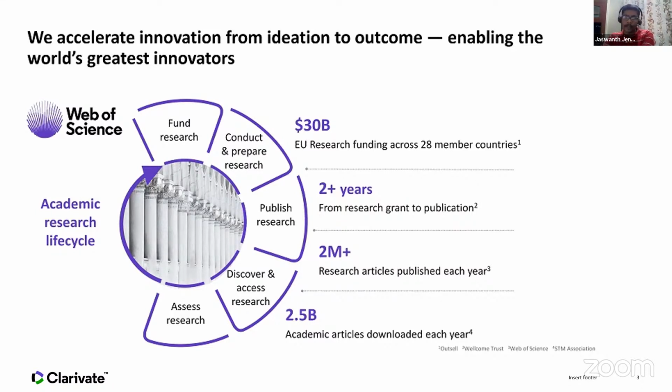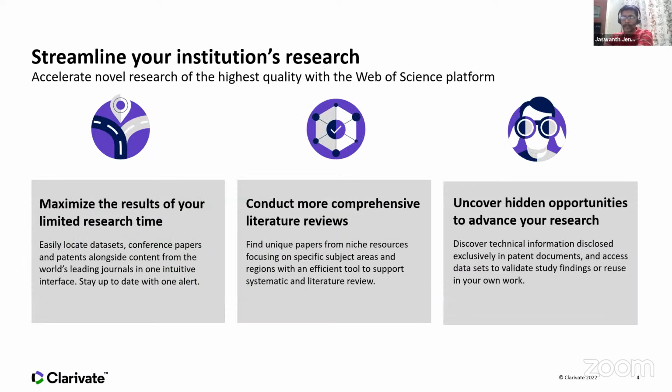Then in assessing your research, how you are doing compared to other researchers in the world. All these tools I will explain when I take you through the platform of Web of Science. Then we have some effective tools which will help you to maximize the results in a very limited research time. Web of Science is a comprehensive database.